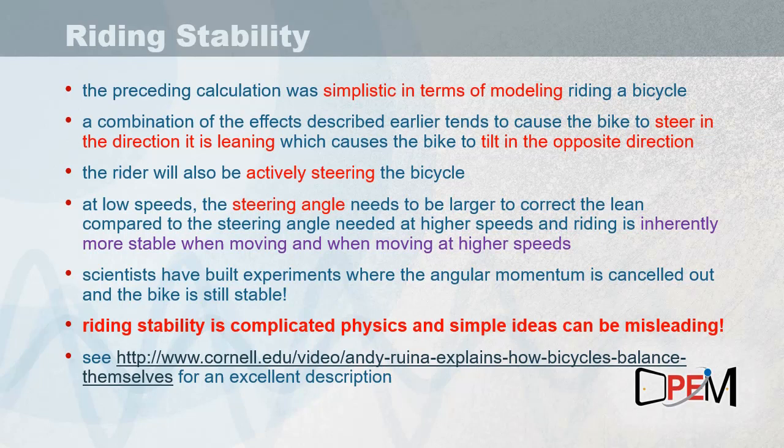And so one of the interesting conclusions of this discussion of riding stability is that it can be tempting in some situations to try to apply very simple physics concepts to a system and predict outcomes or explain behaviors based on it.